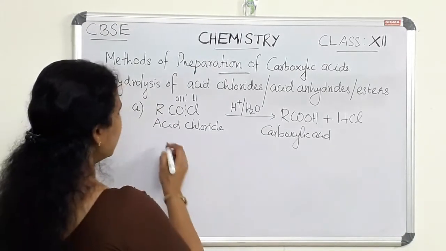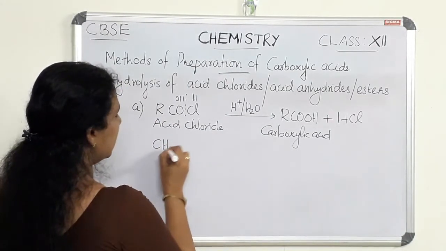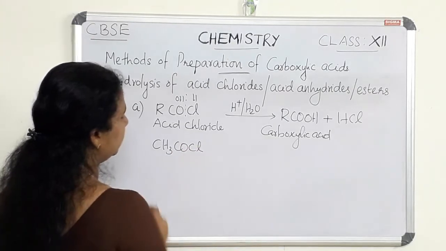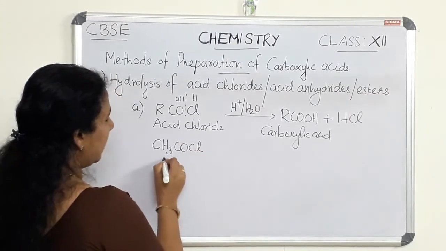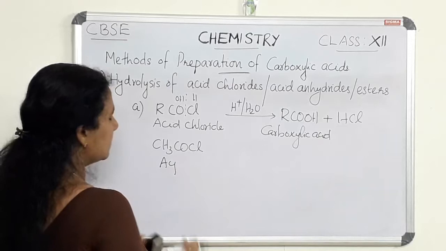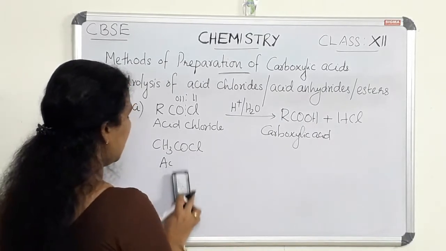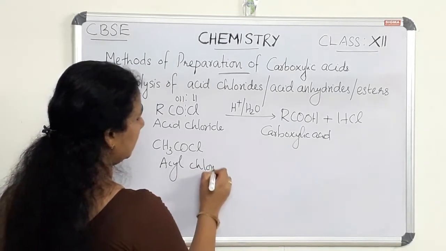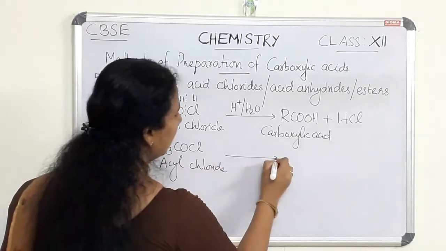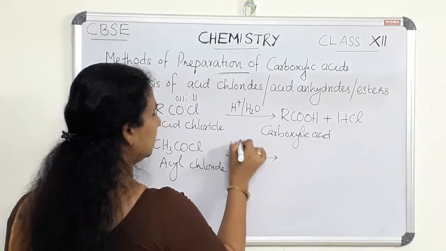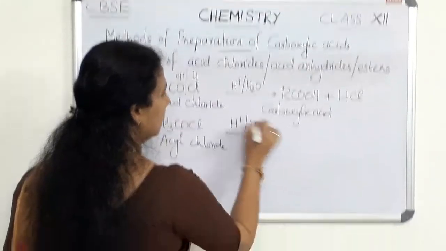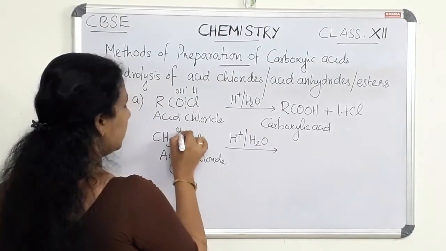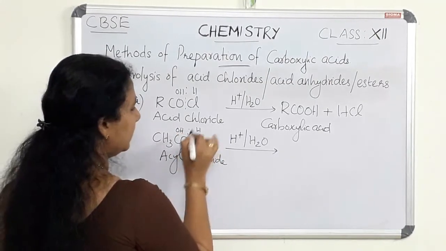So let us take one example, CH3COCl. This is called acyl chloride. When acyl chloride undergoes hydrolysis, OH will be attached here and H will be attached here.